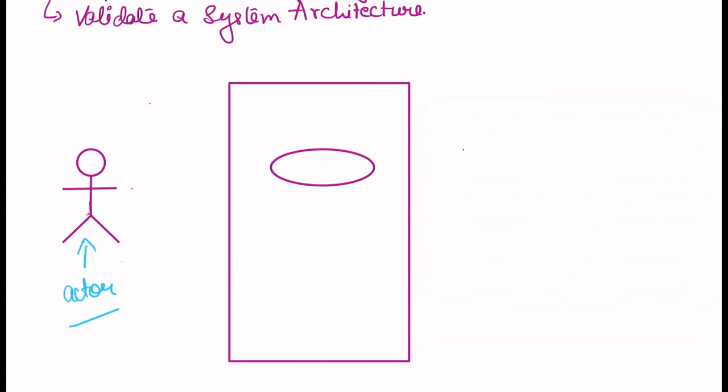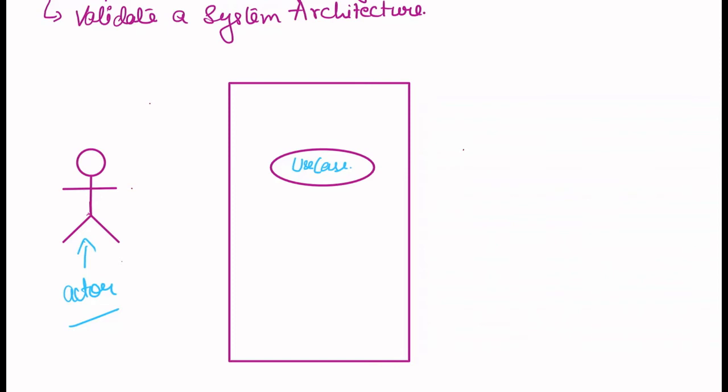Now let's come to the use case, which I always say is a system function. This oval shape, or I'll say ellipse shape, is the use case, or the system function, or the process, which can be automated or manual, right?